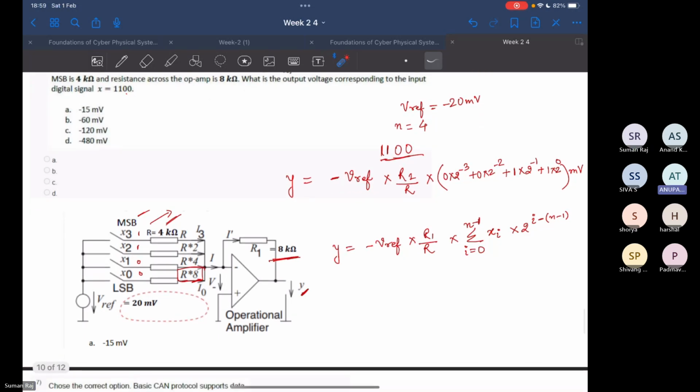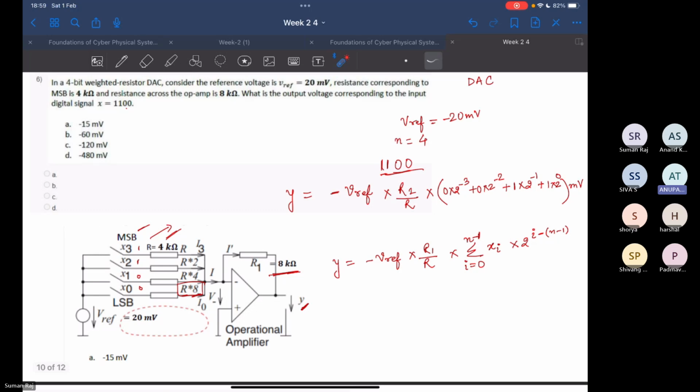Ma'am, if we say x3 is 1 and x2 is 1, the rest we can delete. So now if we apply the op amp formula, V reference is minus 20 millivolt.